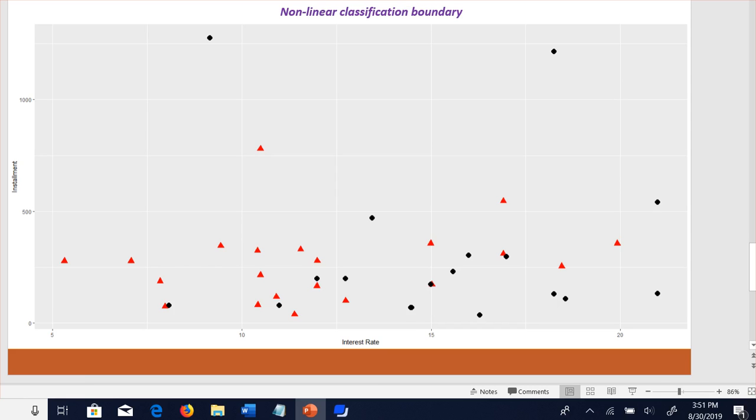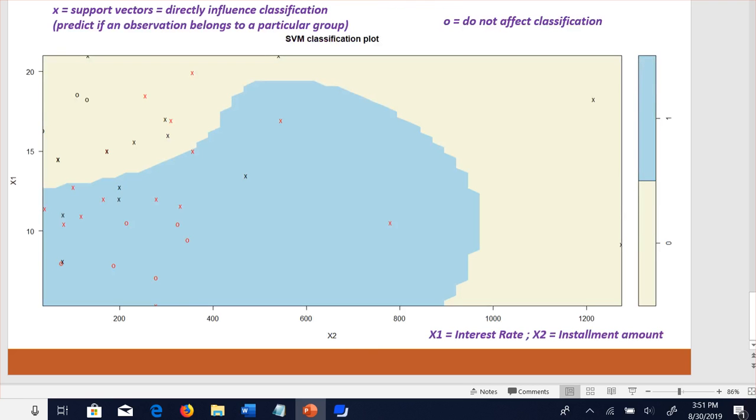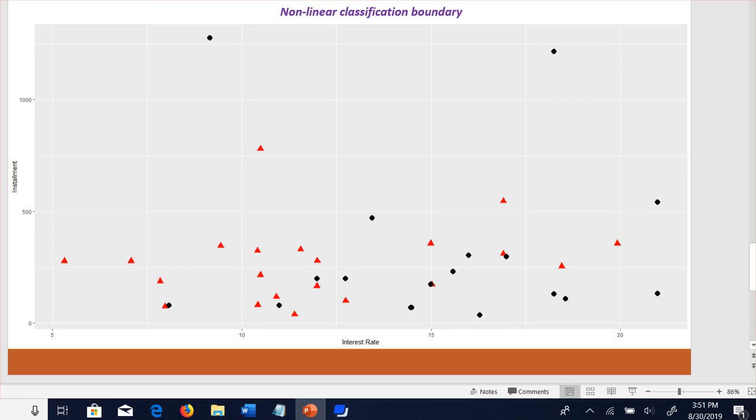This is what we mean by a non-linear classification boundary. And this is another portrayal of a non-linear classification boundary, even though the data comes from the same source.